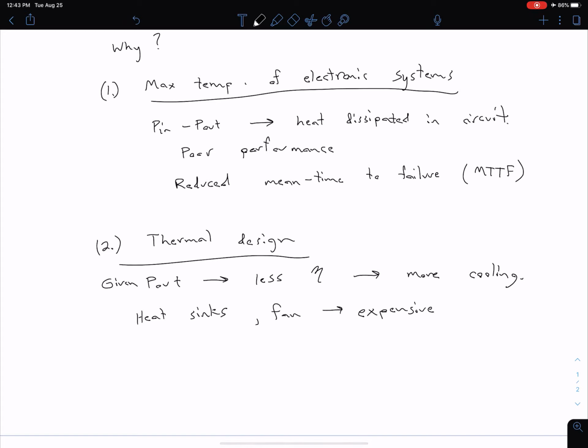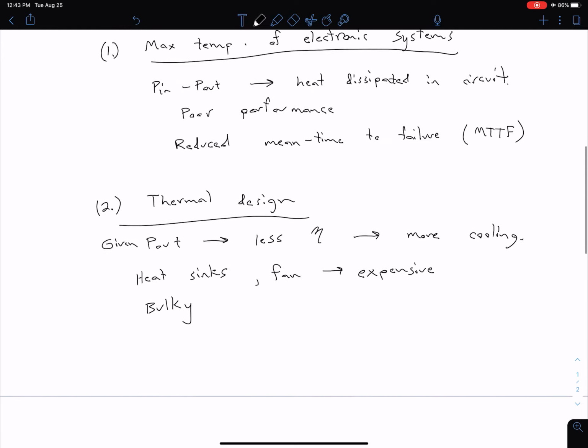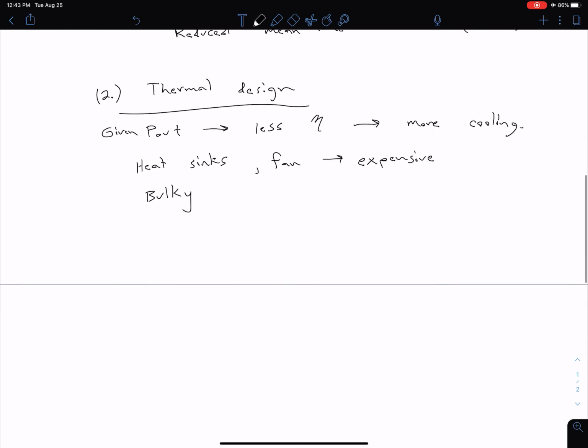And another thing to consider is that as we're adding, particularly if we're looking at heat sinks, maybe that's making our design more bulky, and maybe we need to have this power supply fit in a certain package that's a certain dimension, so we only have so much space to work with. So these are two other reasons why we want to have as high efficiency as possible, such that we have less heat wasted in our system.